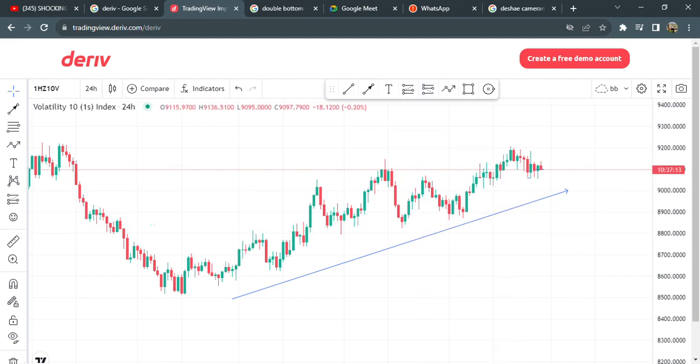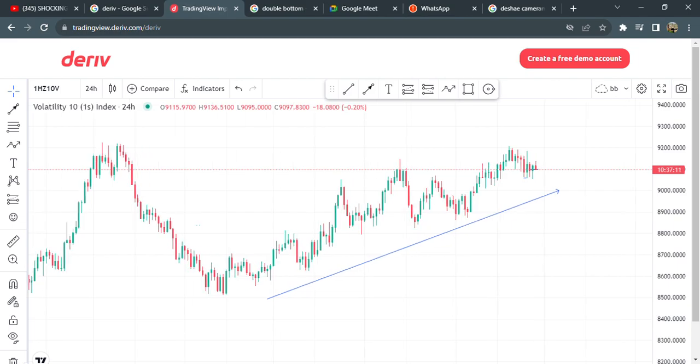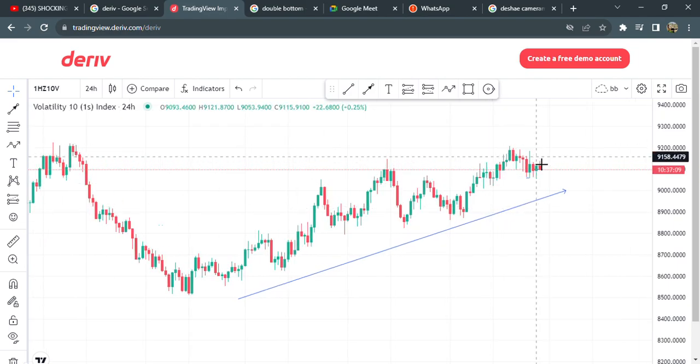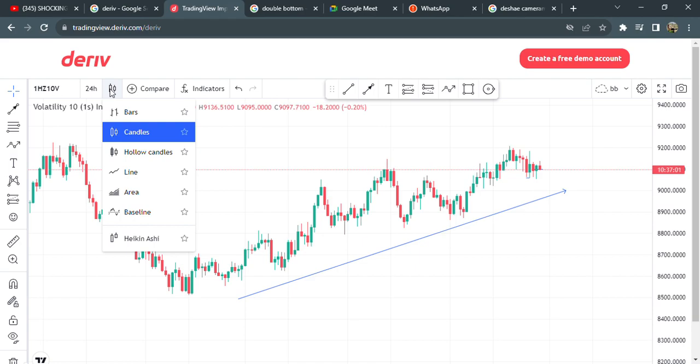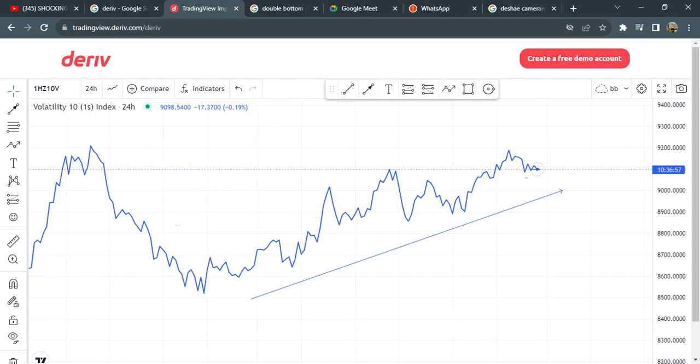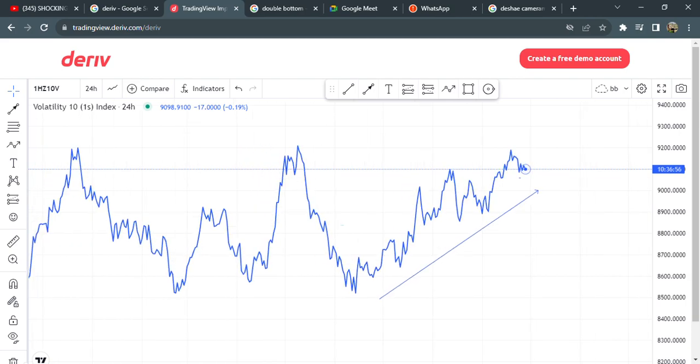So knowing that, you can see here the market went down, and here there's some consolidation happening. With that, I normally like to change my market to a line graph to see a little bit more clearly what is going on.